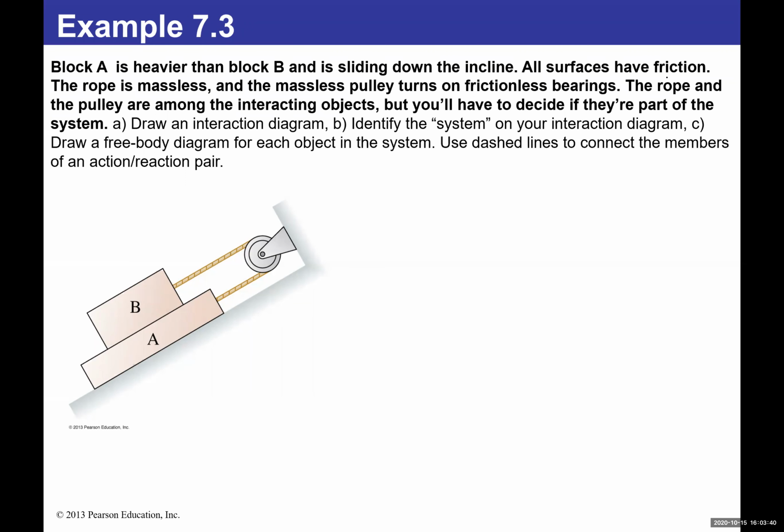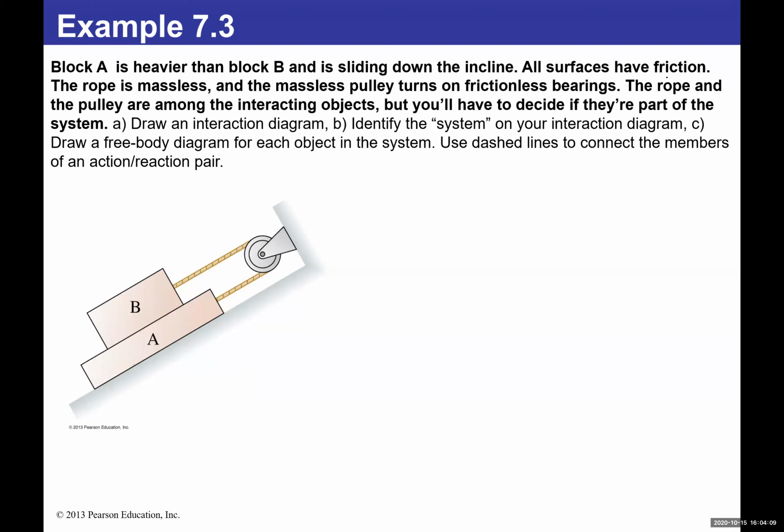All right, so what we have here is basically two blocks connected by a rope. Also, they're sitting on top of each other. So we have gravity acting on both of them. But gravity is always going to be sort of an environmental force in this case.